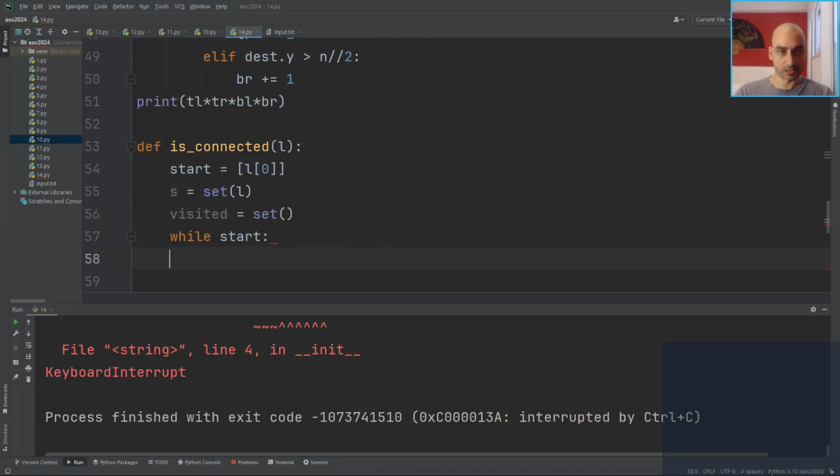So while start, current equals. What? Why did I call it start? No, Q. Q equals, while Q, current equals Q dot pop.